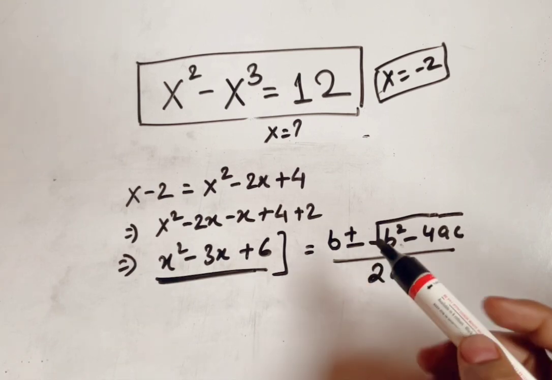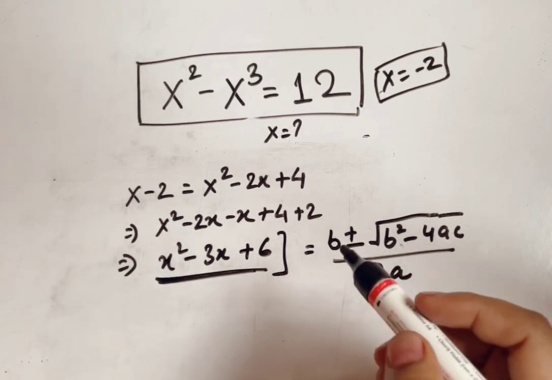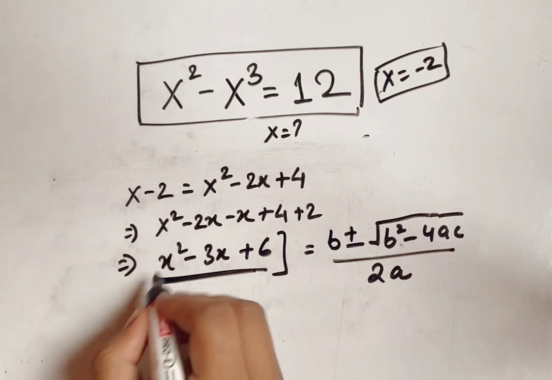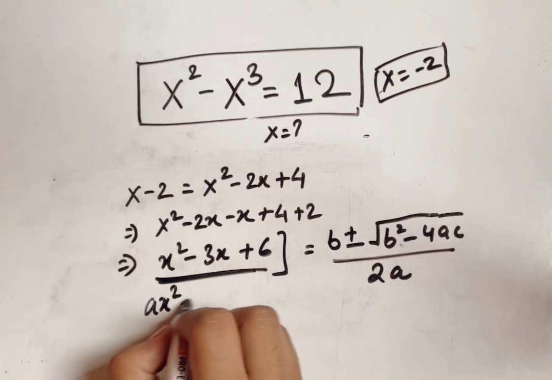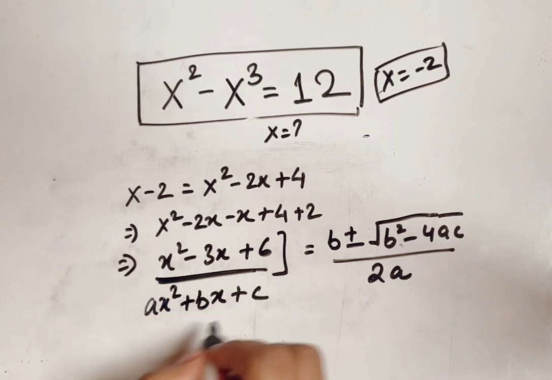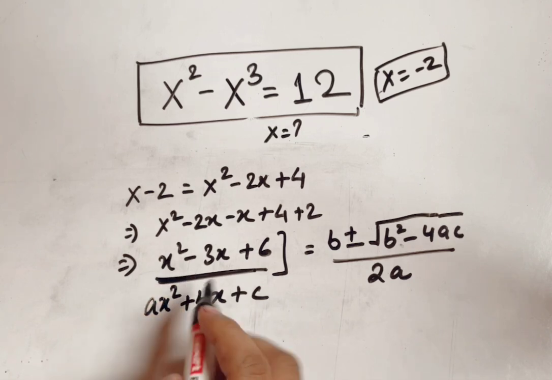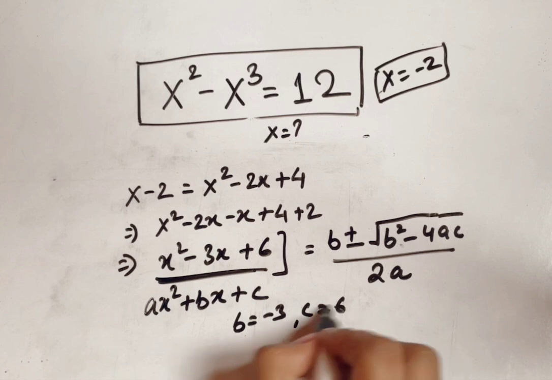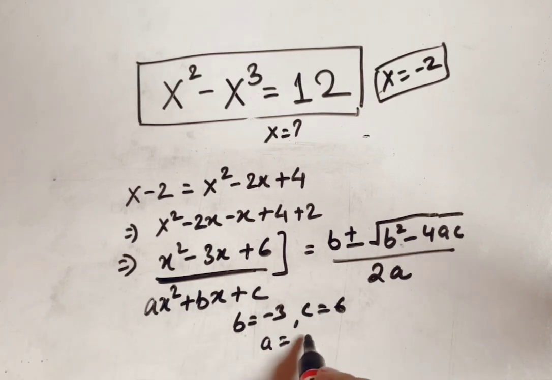Okay, so this is the formula for finding the roots directly. Quadratic equations are written in the form of ax square plus bx plus c. So from here we can see that b is equal to minus 3, c is equal to 6, and a is equal to 1.